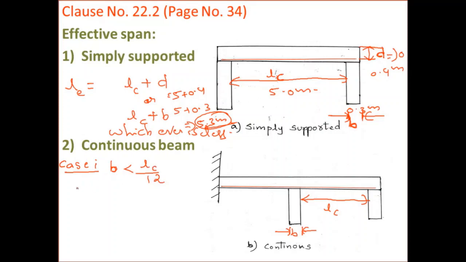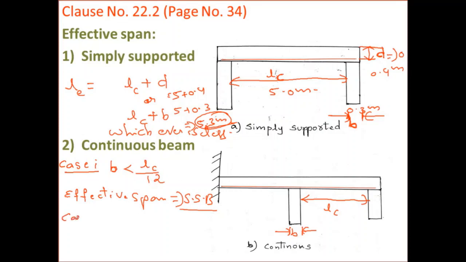In this condition, effective span is calculated in the same manner as the simply supported beam. That means however you calculated LC plus D or LC plus B, whichever is less, the same thing you have to apply when the support width is less than clear span by 12.